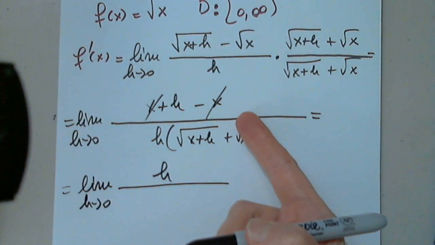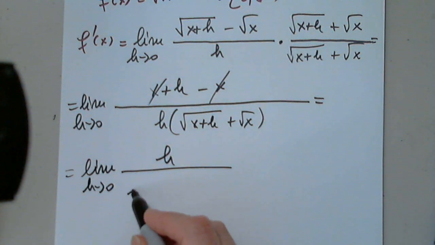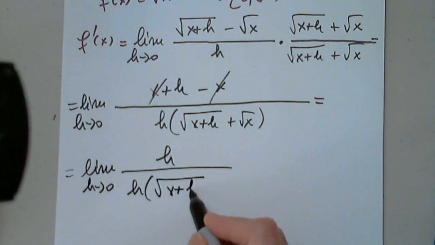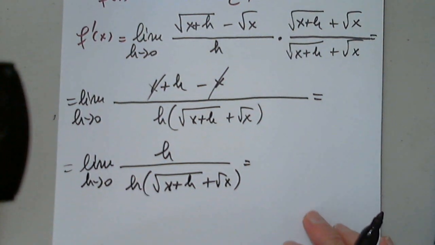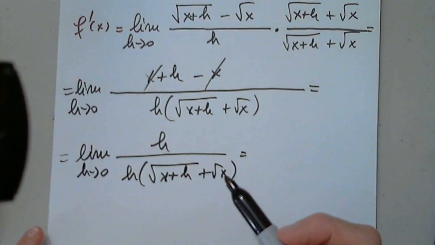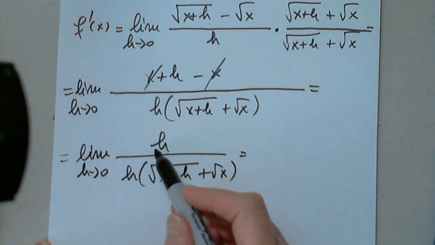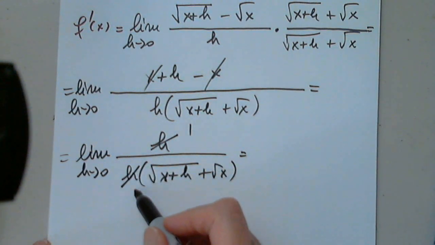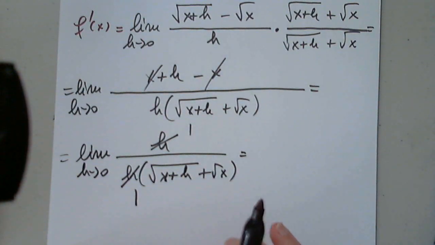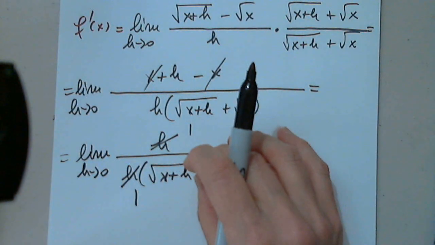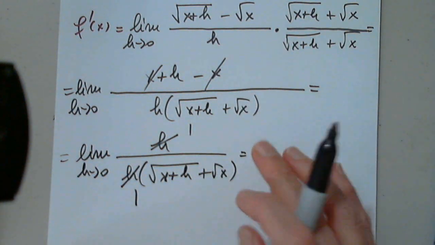So the first step happened. All terms without h are gone. Does the second step happen? Second step is going to be removing, or simplifying, the h. Perfect. Now the third step: we apply the limit operator and it disappears.